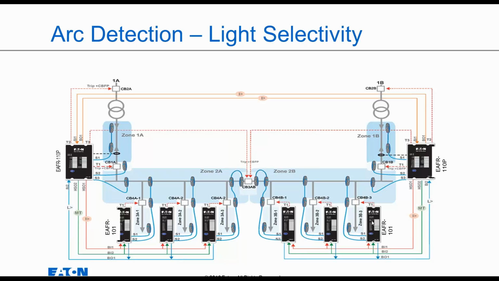And then these sensors here say, oh, here's this particular light relay has S1 just on the load, S2 is on the breaker and the bus, and it can say, oh, I see light, and if it's only on the load, it's going to trip CB4B-3, whereas this relay will hold off from tripping CB1B because it knows that this light sensor is going to trip that feeder breaker and remove the fault that occurred down here.